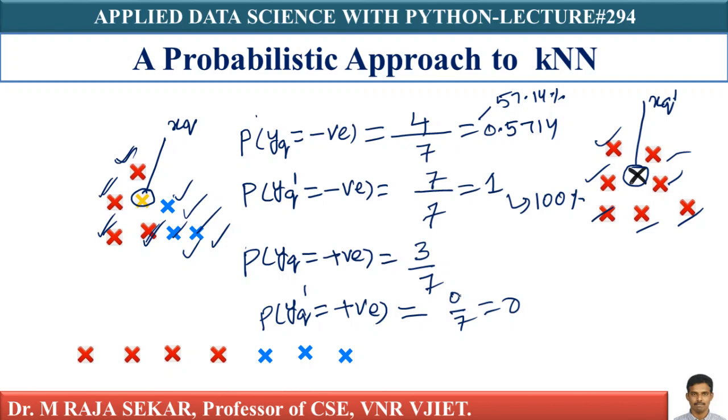In the case of yq, the probability is 57.14%, so I can say I am slightly more than 50% sure that it's the negative class. This is a mathematical way to establish this uncertainty, to understand how certain you are, in addition to just getting the class labels.